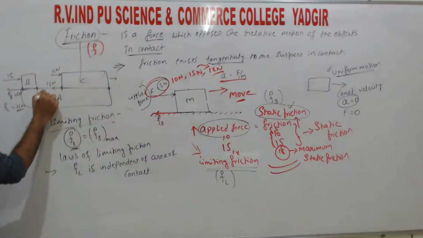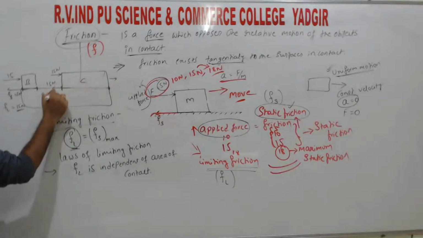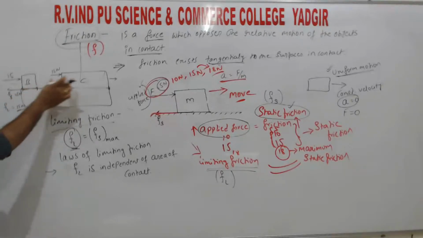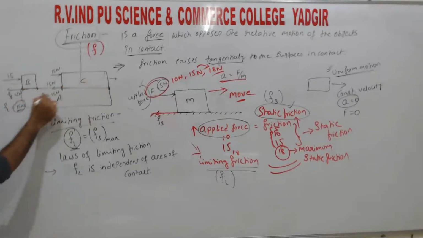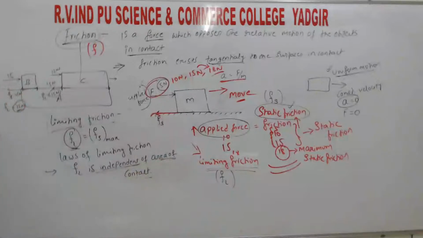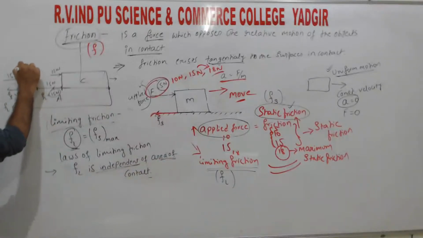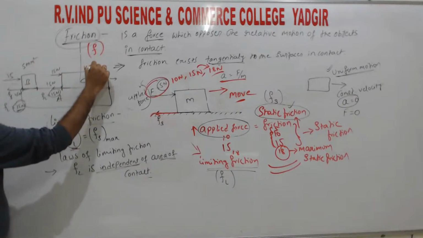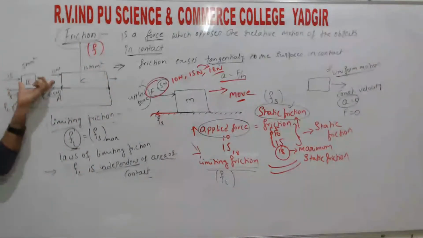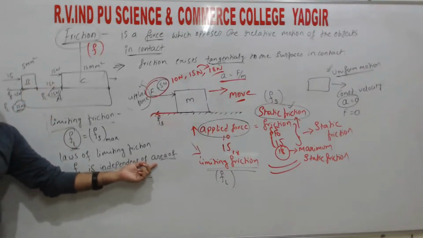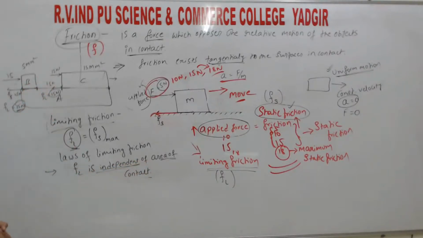So that means the limiting friction for object C is also the same Newton. So the area may be small or large, the limiting friction value is always the same. That means it is independent of area of contact. So if the area of contact was some 5 millimeter square or 15 millimeter square, it makes no difference, right? So limiting friction is independent of area of contact, right?